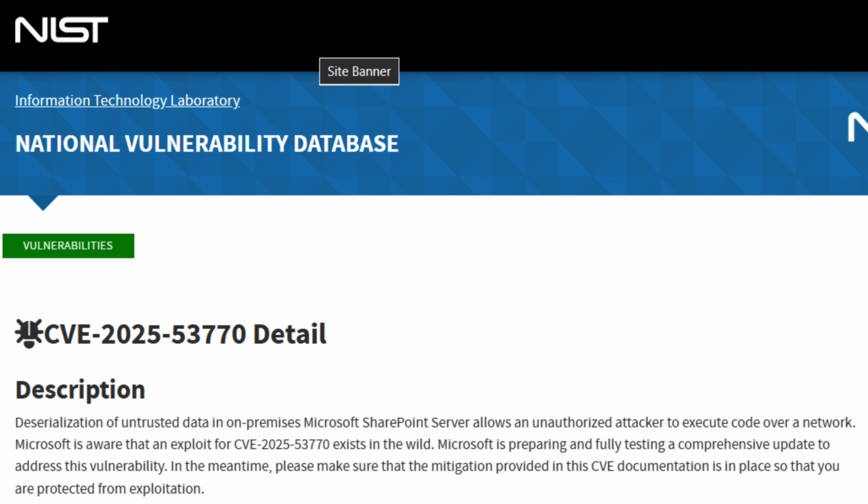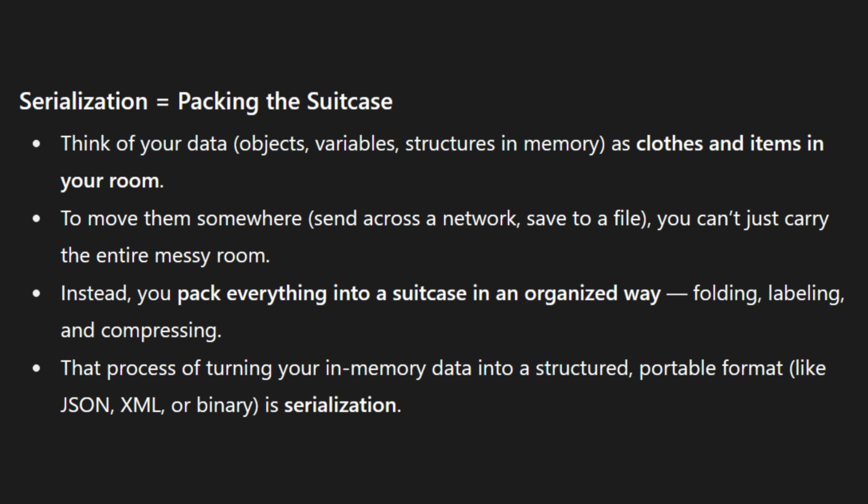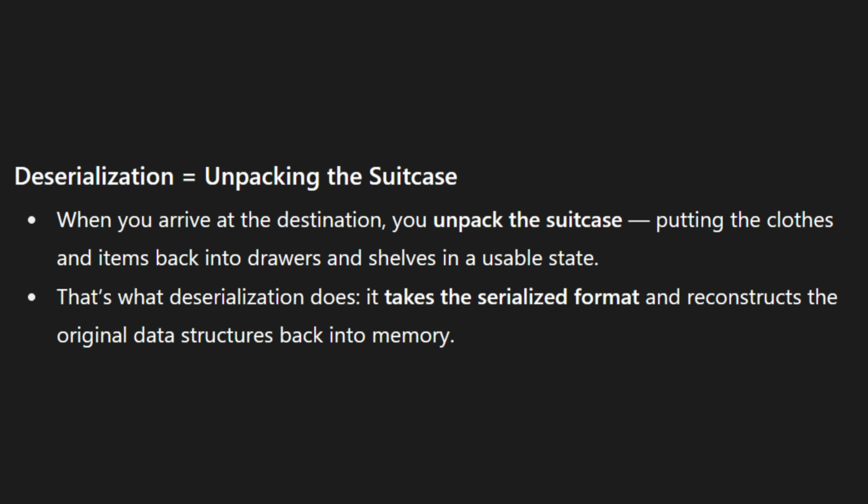We have CVE-2025-53770, which was the deserialization in SharePoint, and CVE-2025-53771, a patch bypass. So real quickly, deserialization. When you think about serialization and deserialization, the simplest way to think of it is like data being packed up for serialization and data being unpacked for deserialization.